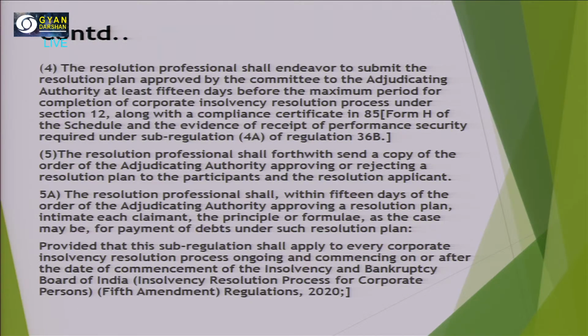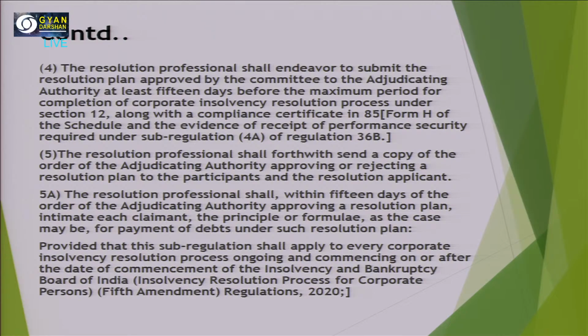Then the resolution professional shall endeavour to submit the resolution plan approved by the committee before the adjudicating authority at least 15 days before the expiry of the CIRP period. The resolution professional will forward a copy of the order of the adjudicating authority approving or rejecting the plan to the participants and the resolution applicant.